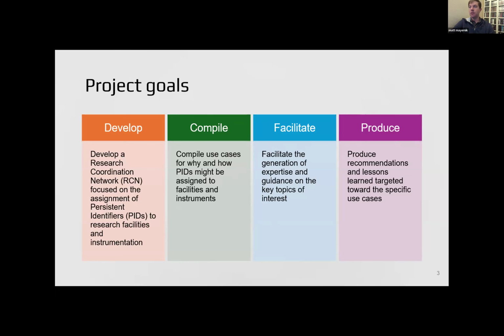We're very much building on that. We focused on compiling use cases for persistent identifiers for instruments and facilities. We've done several workshops, which I'll talk about, to get cross-cutting discussions on these topics. And then, as I said, we're getting towards some recommendations that we want to work on this year.